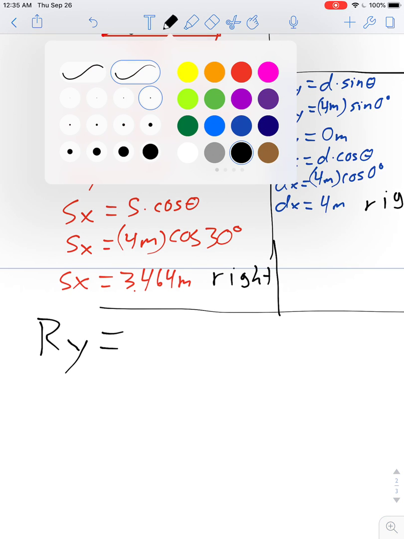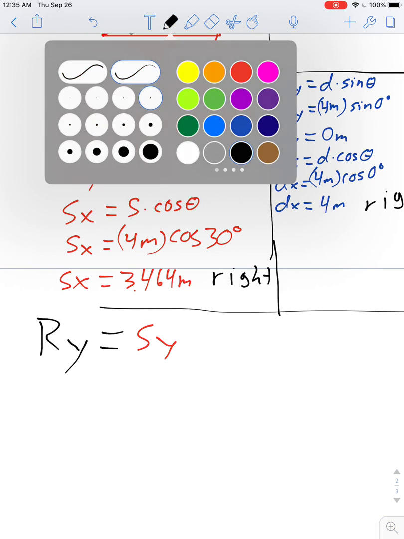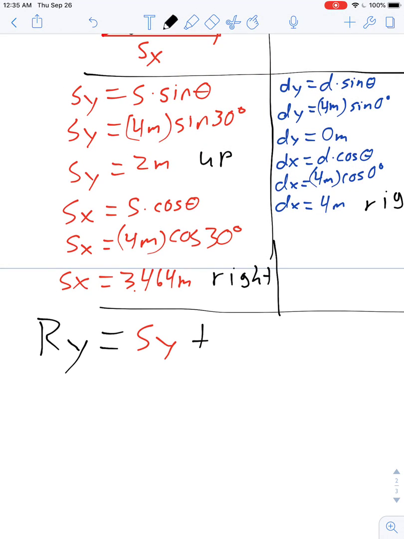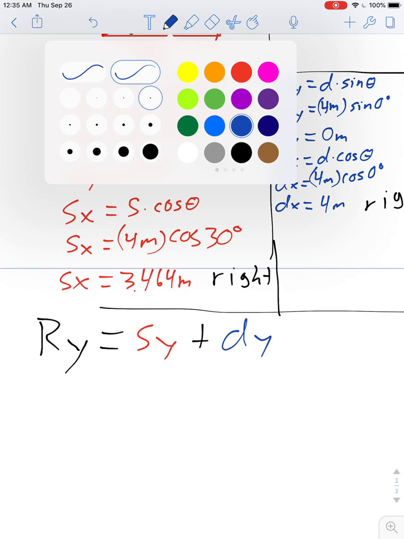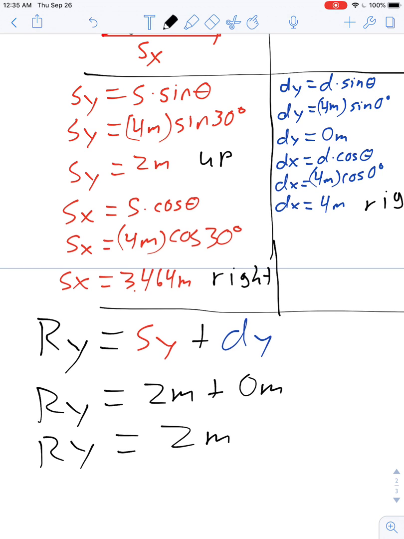So in other words, I take my value for Sy, and then I add that to the value of dy. Okay, so if I put this together, Ry is equal to 2 meters for Sy plus 0 meters for dy. So the value of my Ry is just 2 meters.